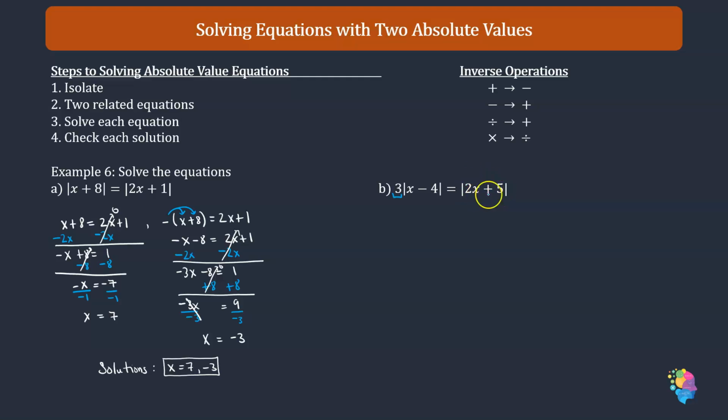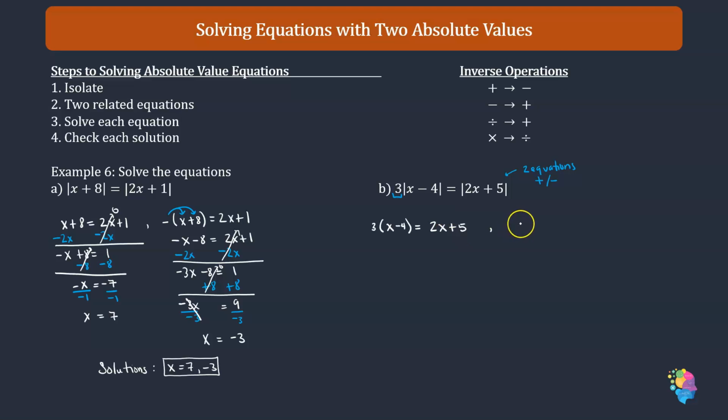That means that this one, the one that is isolated, is the one that is going to create the two equations. This is the one that is going to take the plus and minus. So let's drop the absolute value from the left side. The first equation would be 3 times x minus 4 is equal to this expression as is.